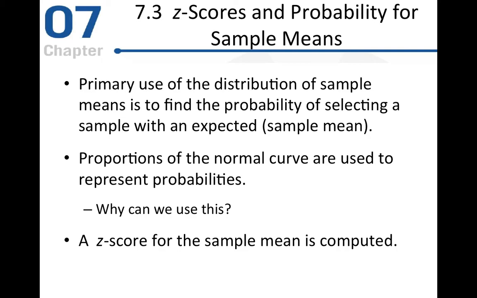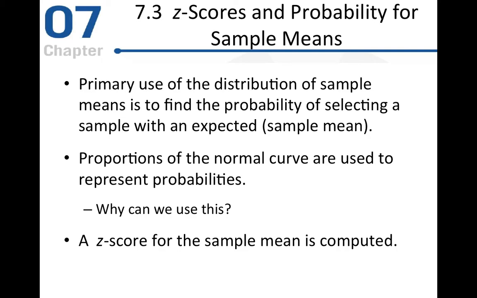Proportions of the normal curve are used to represent probabilities. Why can we use this? Remember some of the characteristics of the distribution of sample means? One of them is that as n increases to around 30 or higher, or if the distribution of the original population is normal, the distribution of the sample means is normal.